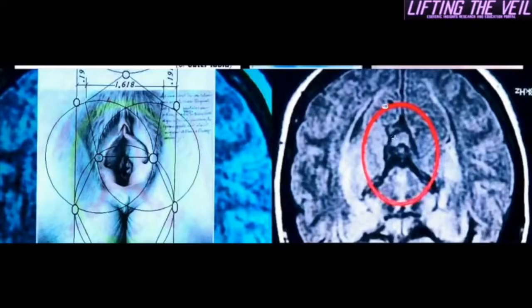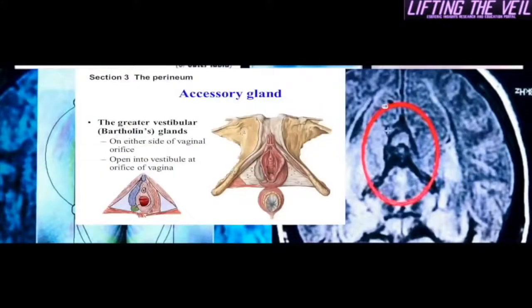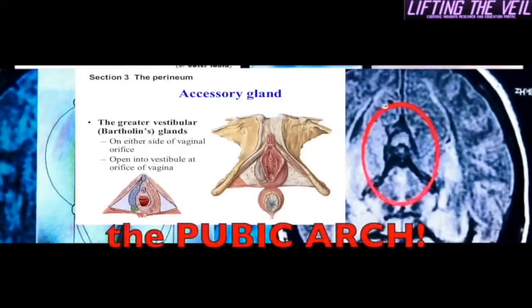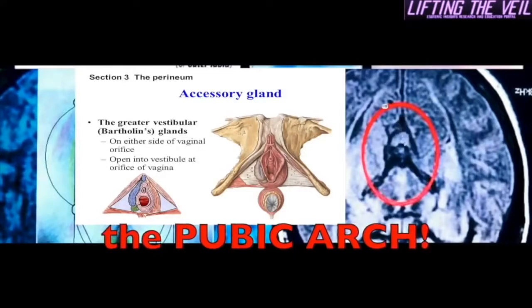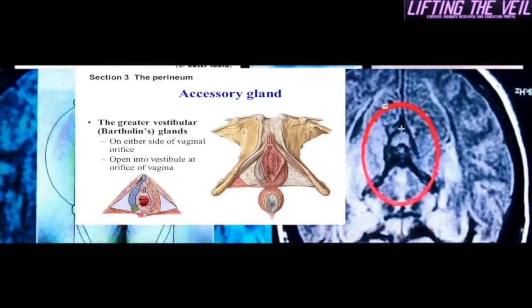Here we've got the two branches, which would be either the bulb of the vestibule or the two major labia, the labia majora, the two lips of the vagina, and the frenulum clitoridis here at the top, which joins the two.